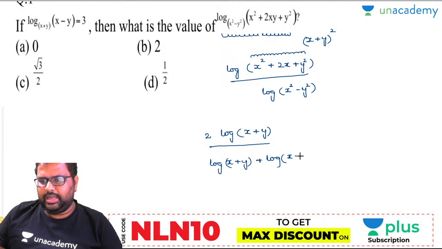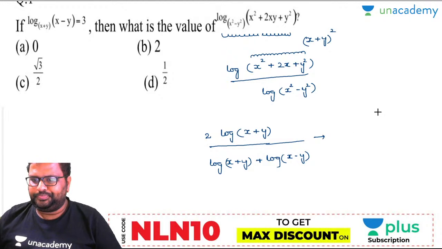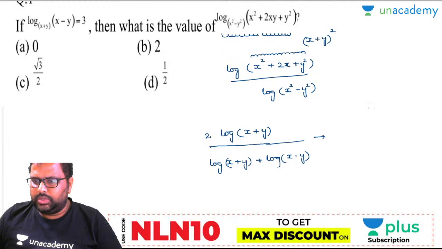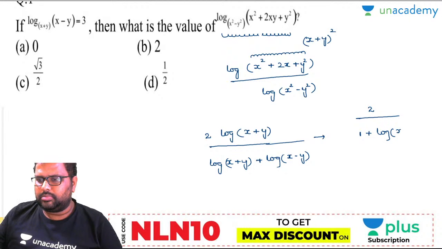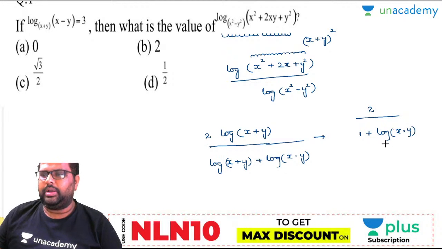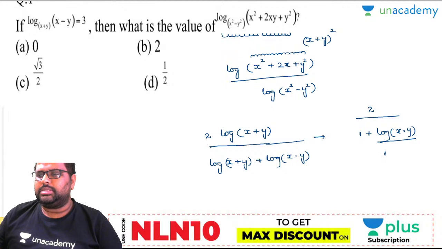So finally I can write the same equation like this here. Will you accept this? Please let me know. Can I write it like this? 2 divided by 1 plus log x minus y divided by log x plus y. Yes, I can write the same thing like this.